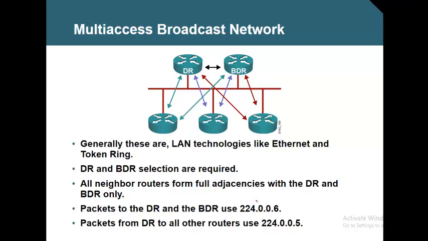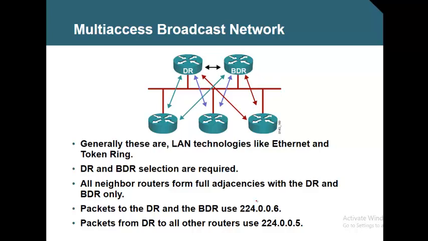DR and BDR need to be selected. Based on the highest priority, they are selected. If there is a tie in priority, then they are going to compare the router ID to decide the DR BDR roles. And we also saw in the previous class that every router will form full adjacency with the designated router and backup designated router.